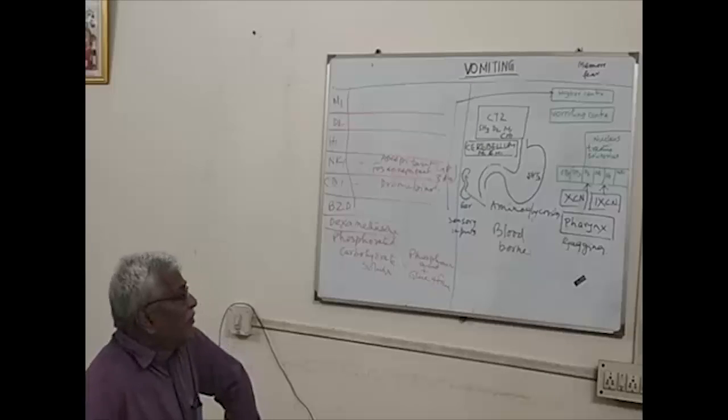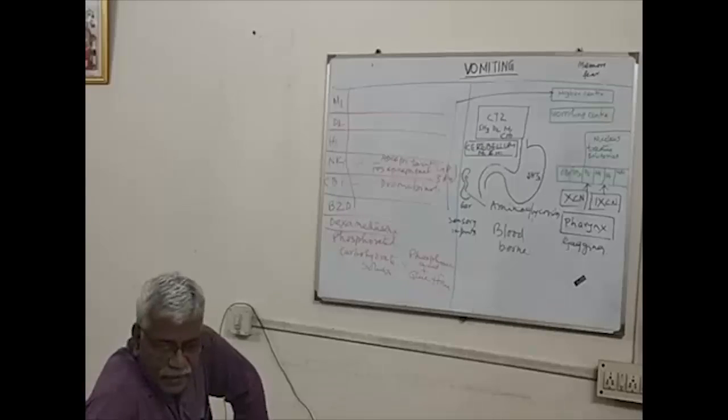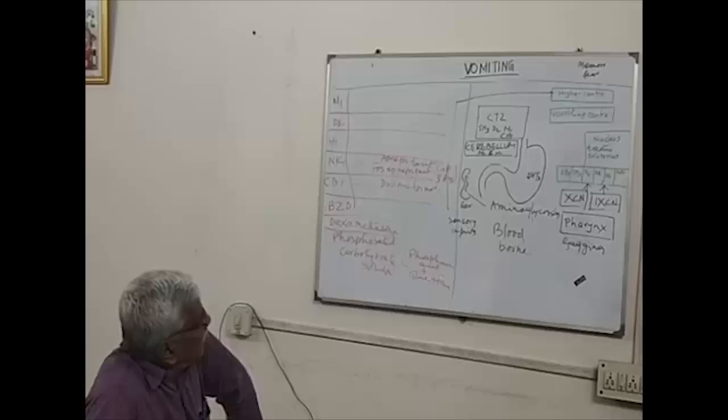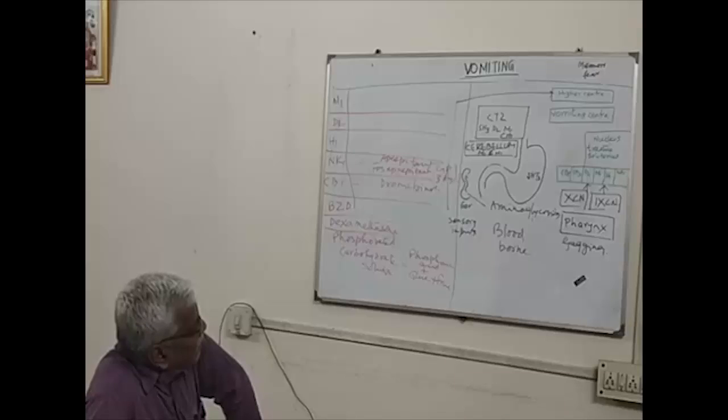Therefore, in motion sickness induced vomiting, the drugs which are effective in pharynx induced vomiting will not be effective. So in motion sickness, the effective drugs are M1 receptor antagonists or antihistaminics.